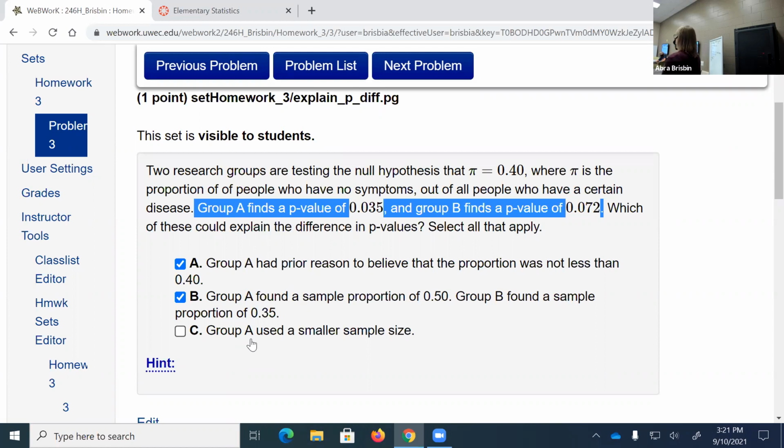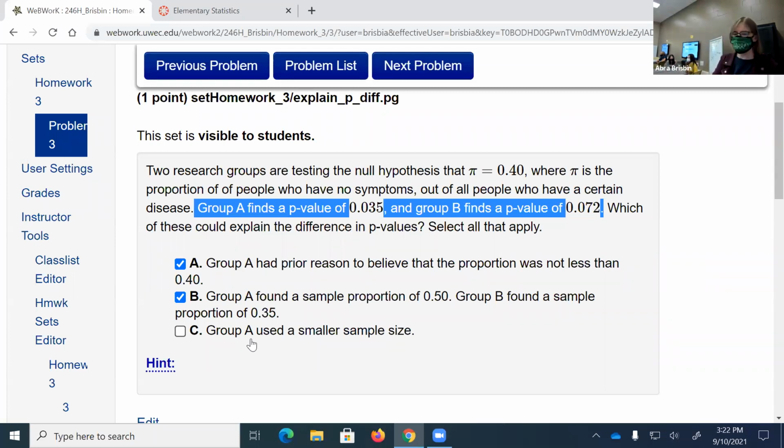Or I could sample 10,000 students, like almost all of the school. And then I would know really precisely what proportion of students are nursing majors. So the stronger evidence comes from that larger sample size that gives us more information to sort of narrow in on what exactly is that proportion.